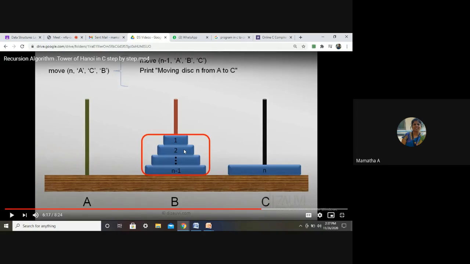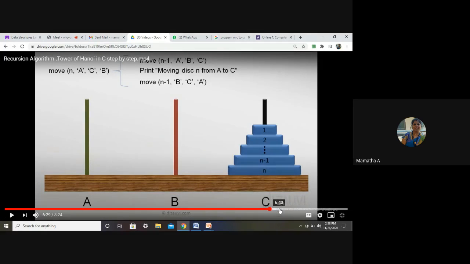This n minus 1 disc which is on B, I should move finally to where? Destination, ma'am. Destination C using which peg? Using A. So that's what the general recursion tells.